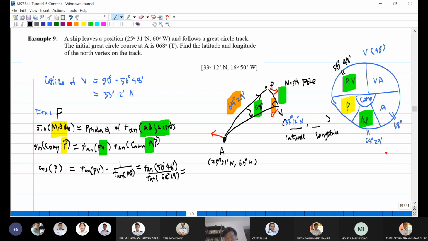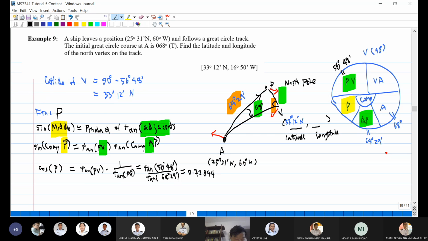Let's see what is this thing. So let's use the calculator to find what is cosine P now. Okay, this one is 0.72944.